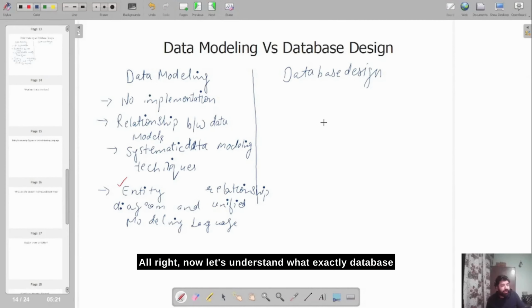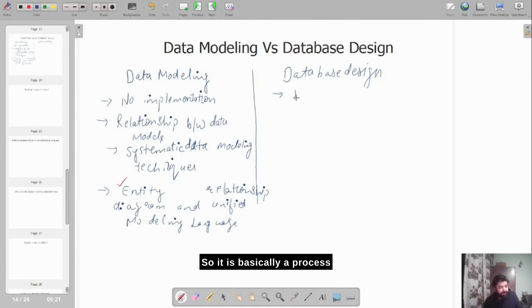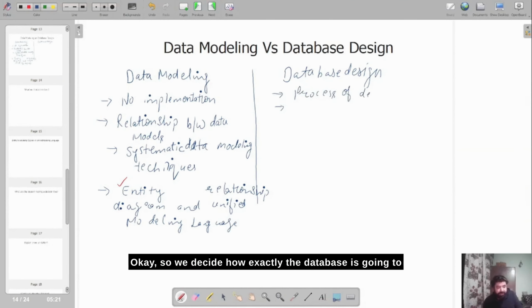All right, now let's understand what exactly database design is as compared to data modeling. It is basically a process of designing the database. We decide how exactly the database is going to be, what could be the best method of getting the data and reducing the redundancy in it.